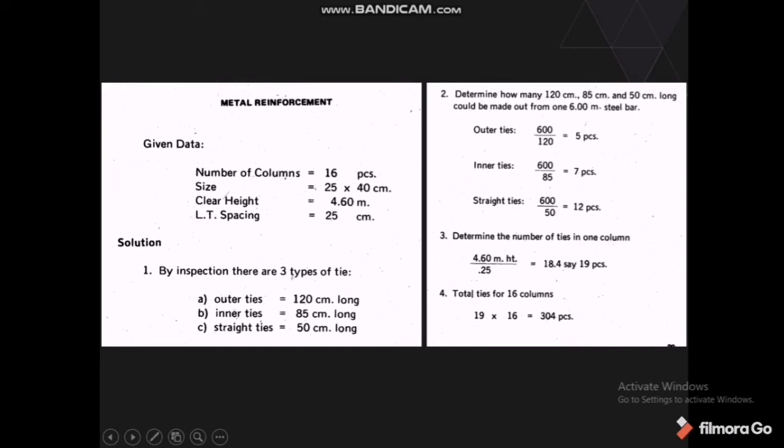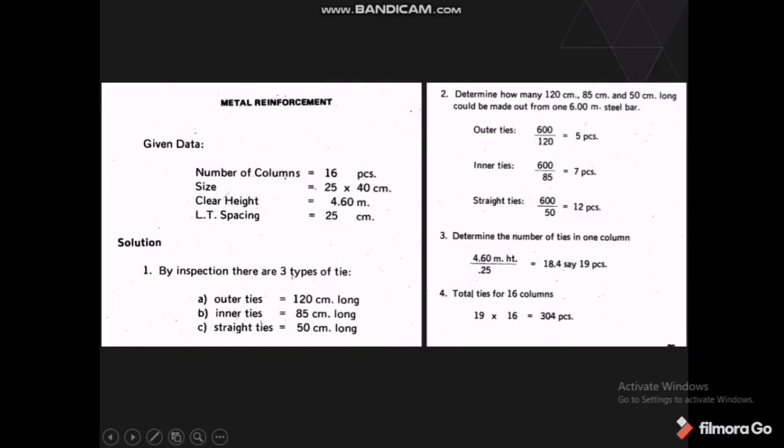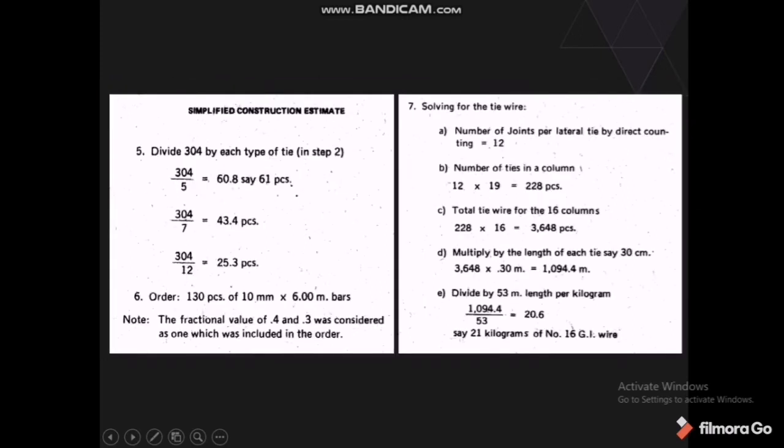For the total ties for 16 columns, 19 pieces of ties times 16, and that is 304 pieces. For the fifth part, the total ties for 16 columns is 304 pieces, and then for the next part, that 304 pieces is divided by each type in step 2.